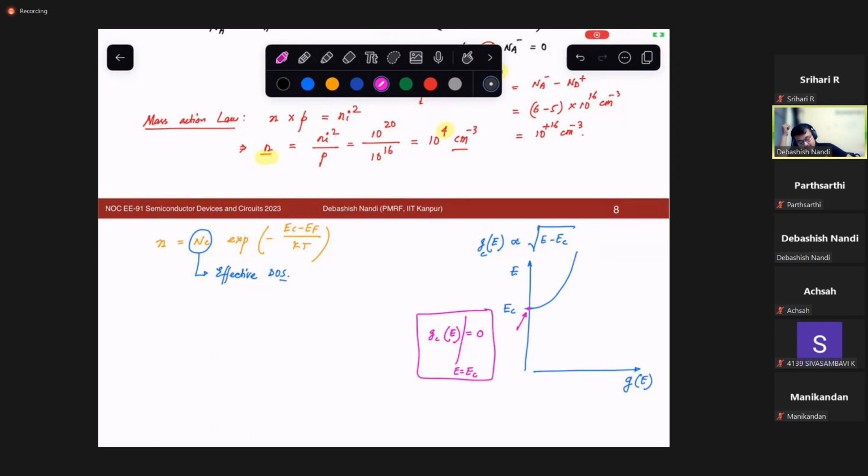But you see, this NC we take as the effective density of states at the conduction band edge only. Why do we do that? When I know this is like a delta function, that it is valid at E equal to EC only.